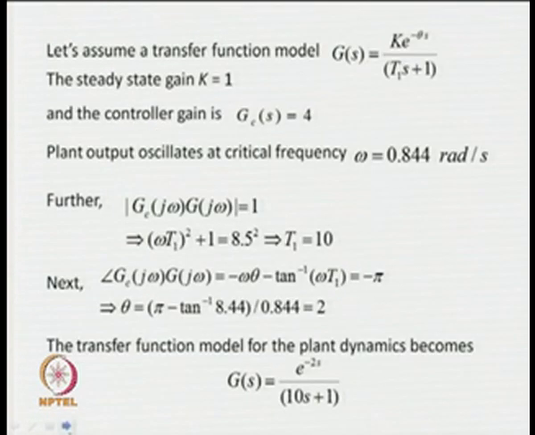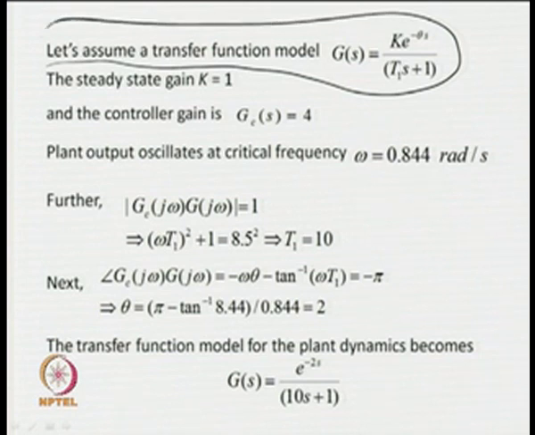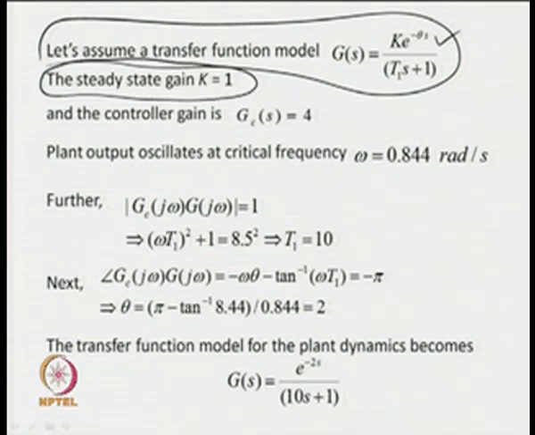Now, like the earlier case, let us assume a transfer function model for a time delayed process, G s is equal to k e to the power minus theta s upon T1 s plus 1. We have already estimated the steady state gain of the process.